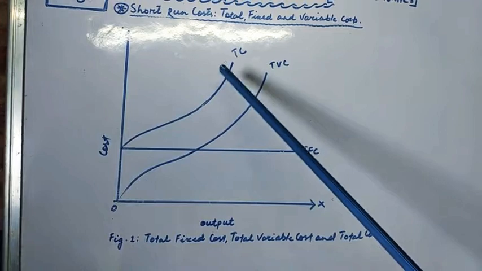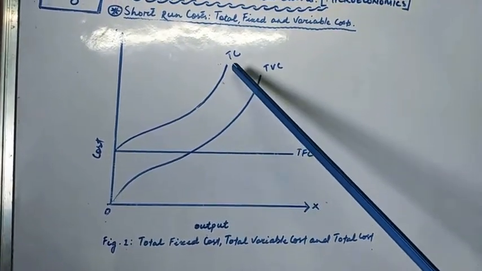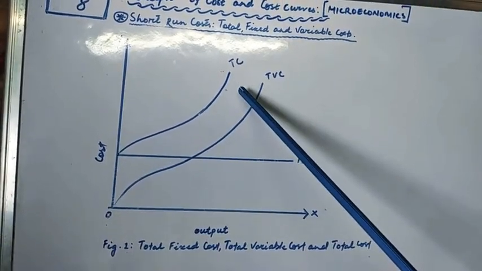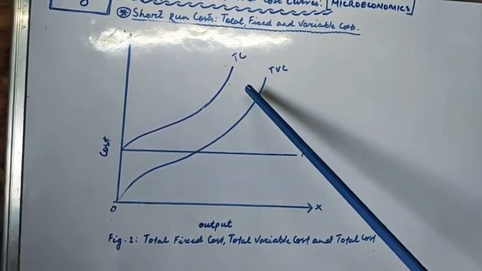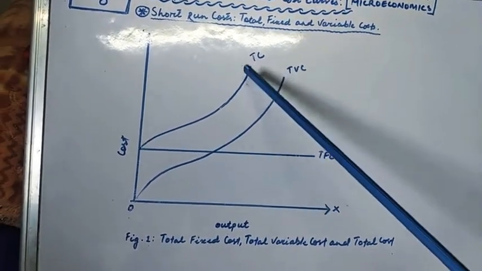Again, what about the total cost? It should be noted that total cost is a function of total output. Function of total output means the greater the output, the greater the total cost.